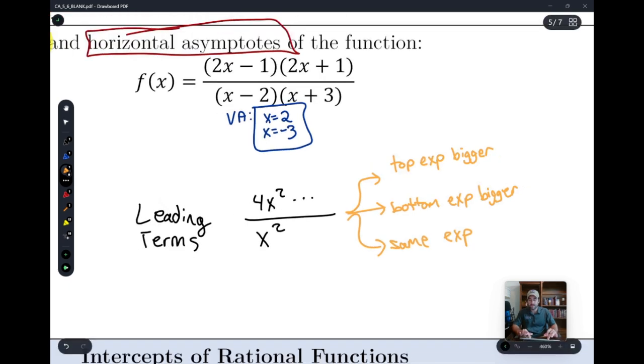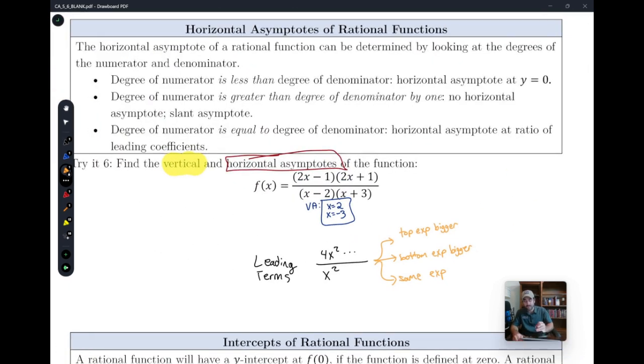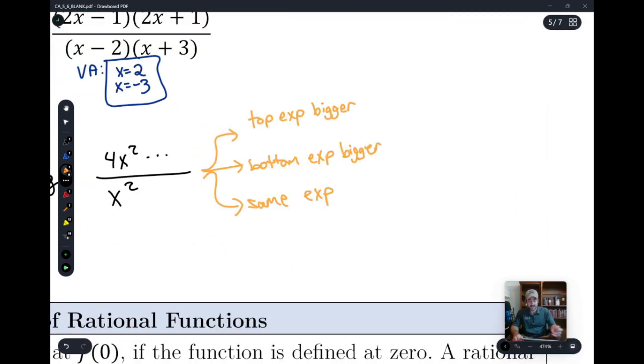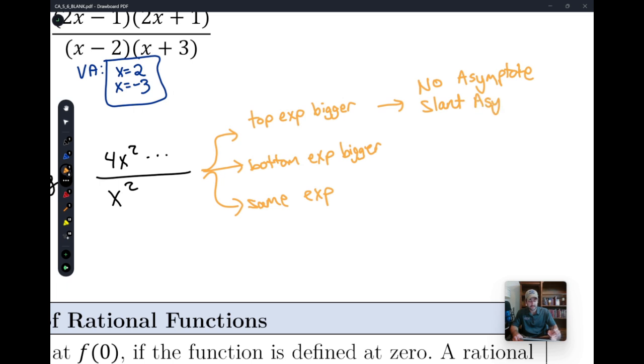And these 3 are defined up above at those bullet points right there, where the degree of the numerator is less than, greater than, or equal to. I'm going to do it down here so we can see it happen. If the top exponent's bigger, then we've got no asymptote or a slant asymptote, which means the asymptote is slanted on a linear function.